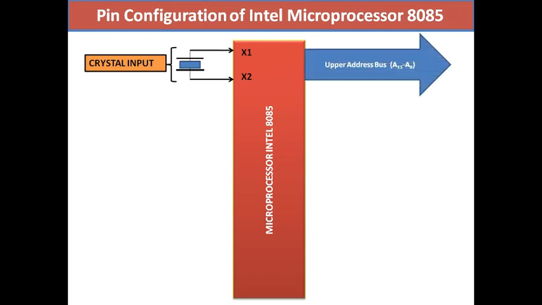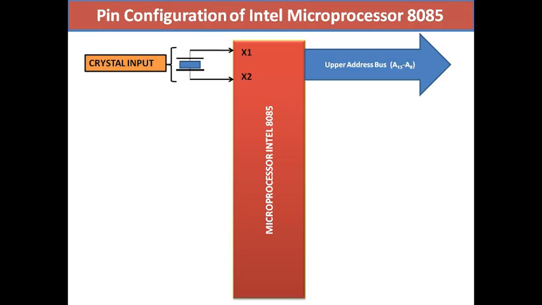Well, the 8085 can address up to 16 bits. So 2 to the power 16 is roughly 64 kilo locations. So a microprocessor 8085 can address 64 kilo locations of memory. The address bus is broken down into two halves.